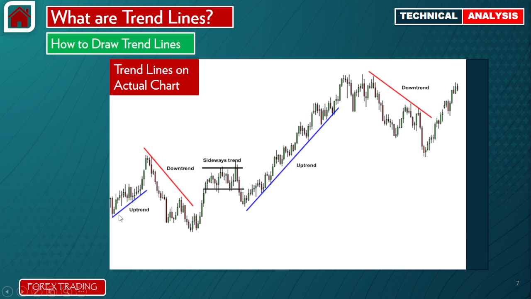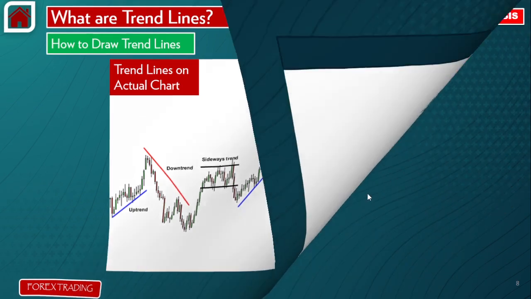It is connecting a few dots, and then this is the downtrend with the red line. It's connecting one here and then one here. Then this is the sideways, and this is again an uptrend, a blue line. This is where the connection points are, here, here, and here, and then it makes a good uptrend trend line, and over there a downtrend in the same way.